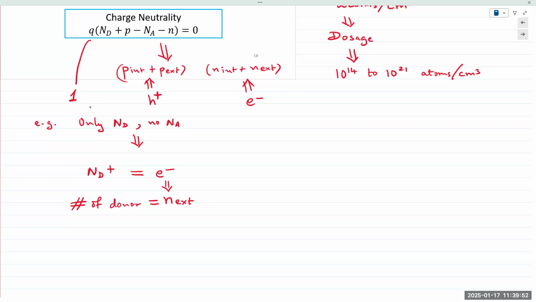Okay, I got you. So an ionized donor atom is equal to E minus. That E minus simply represents the electron that atom has lost. That's all it's representing. It's not representing anything else. It's simply ND plus, each ionized donor atom is equal in charge to the electron it has lost.